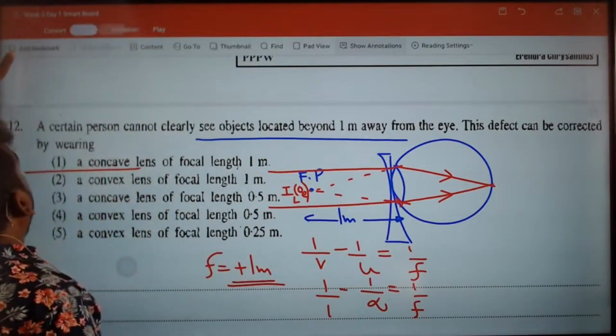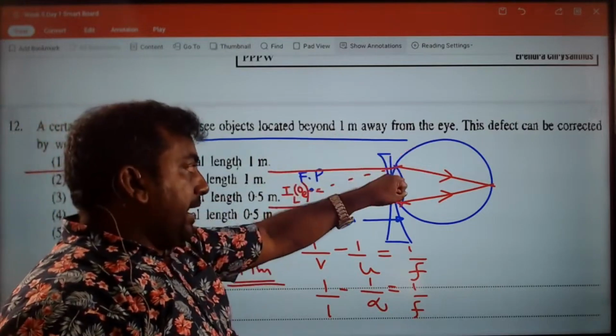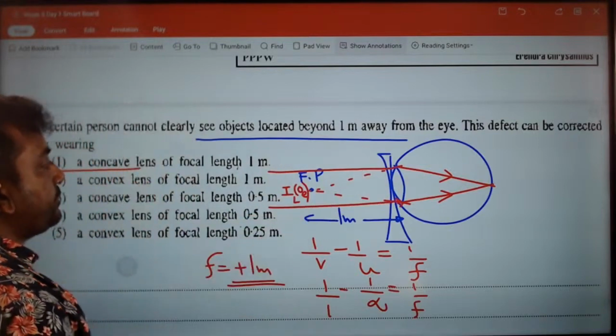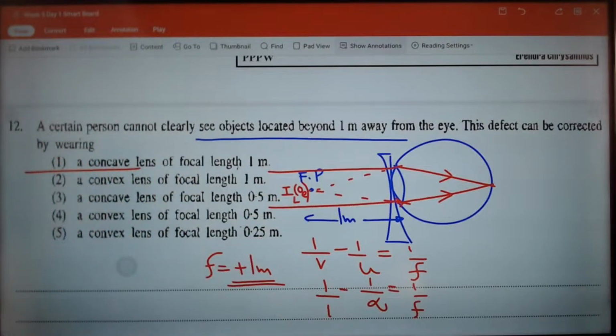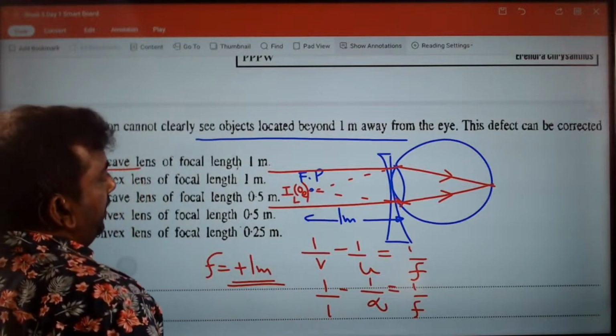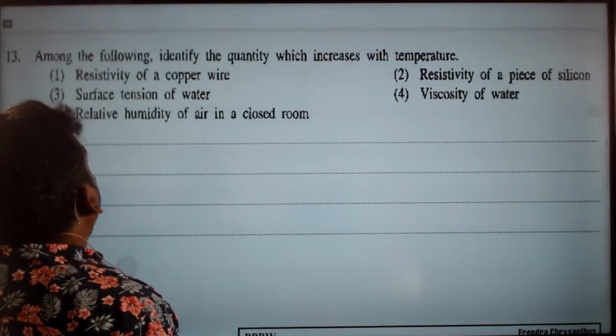And the image of infinity must be formed at the far point of the eye. Okay. Right.